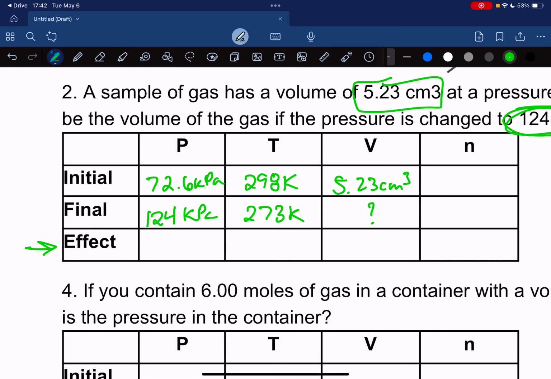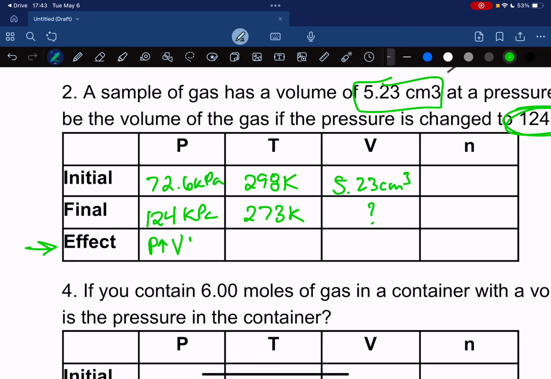I have a pressure increase. Pressure is going up, so I can write P up. And then I'm also going to write what effect that has on the variable that I'm solving for. Since I'm being asked about volume in this question, I'm not just going to write P up, but also what effect that has on volume.